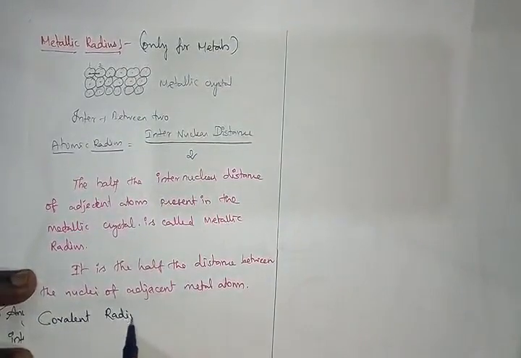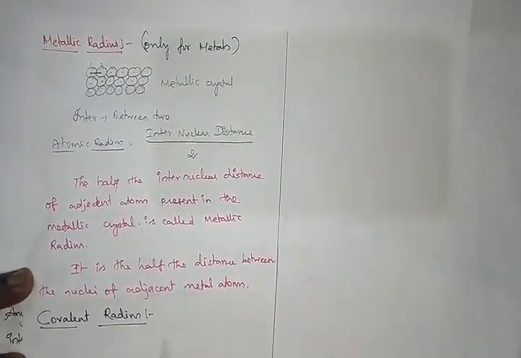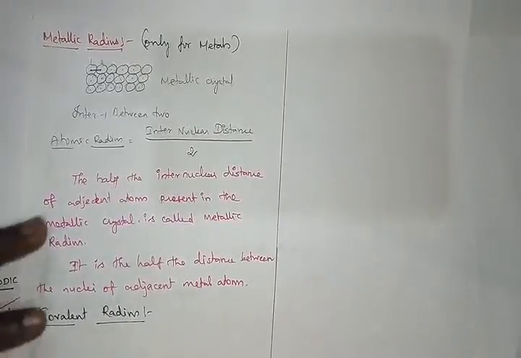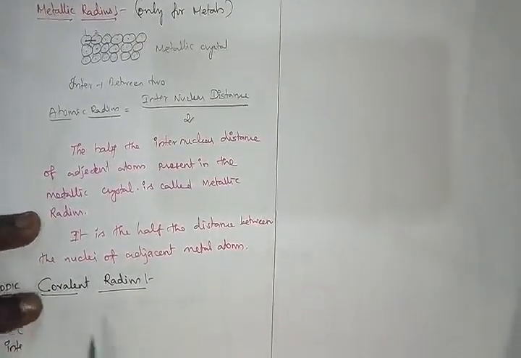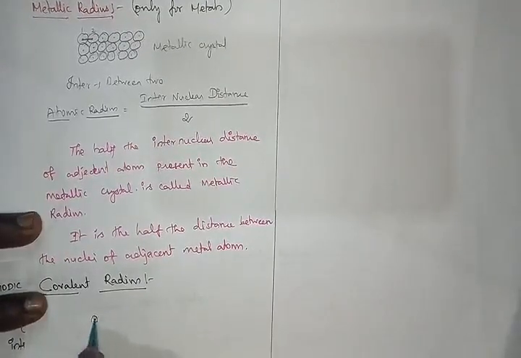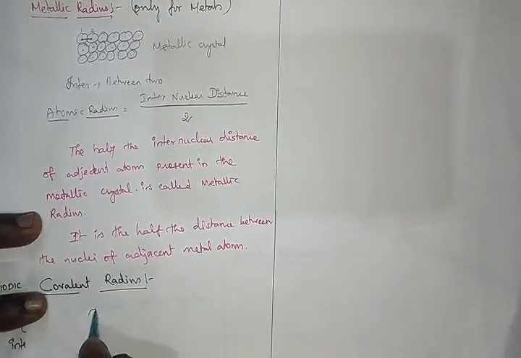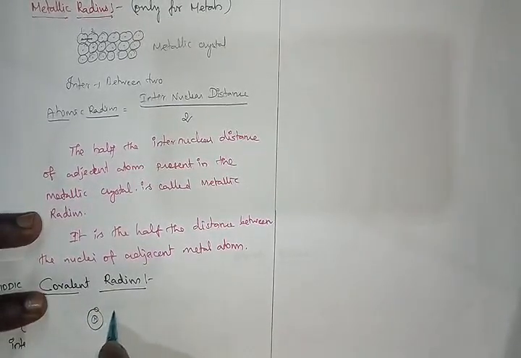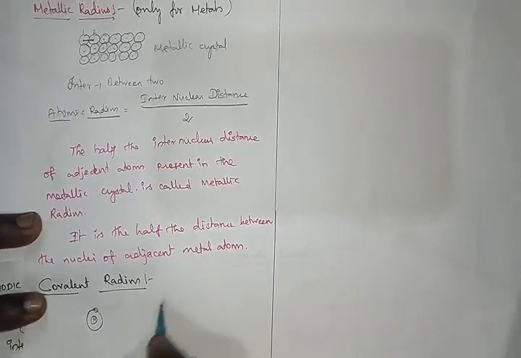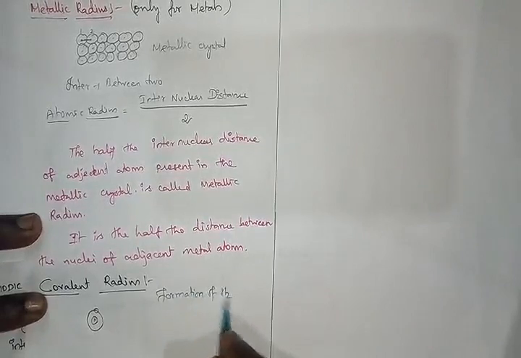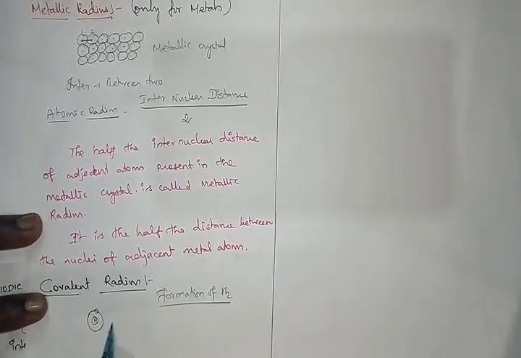So let us go to the covalent radius. We know that when non-metals bond with each other, let us take the case of hydrogen. The nucleus has 1 plus, and in the K shell we have 1 electron. When it binds with one more hydrogen to form H2, the electrons combine and sharing takes place.